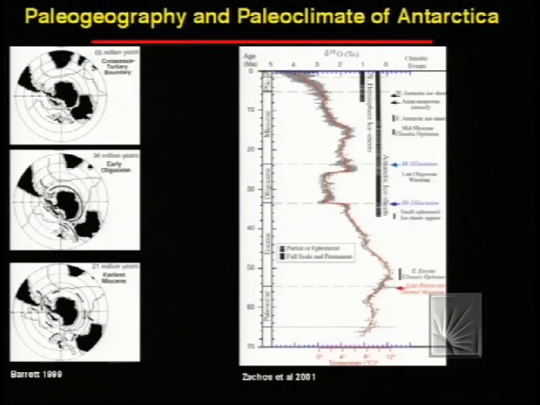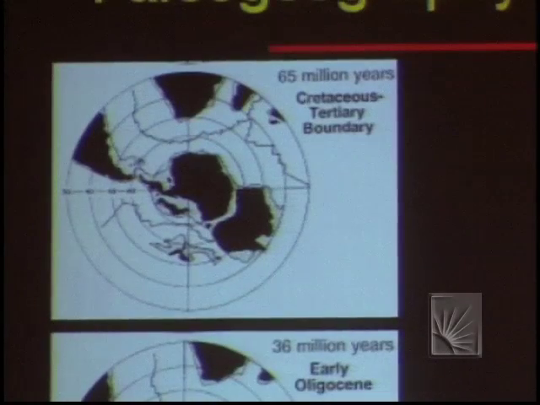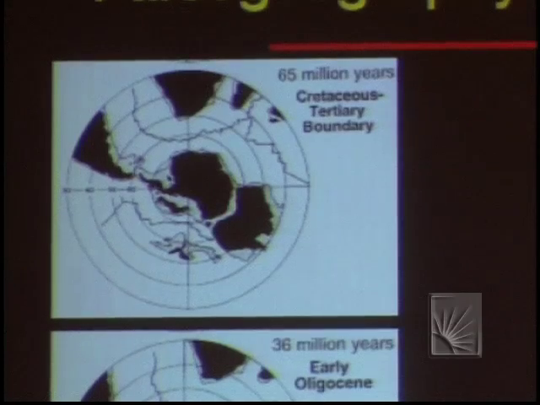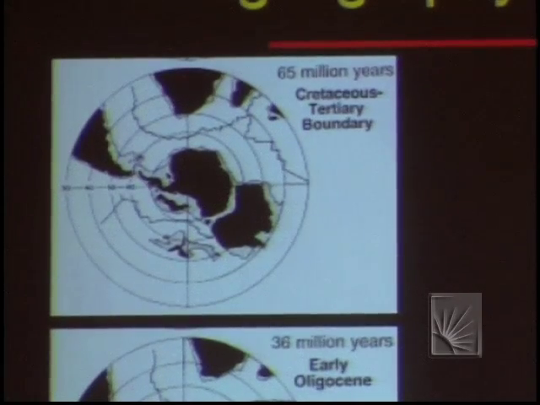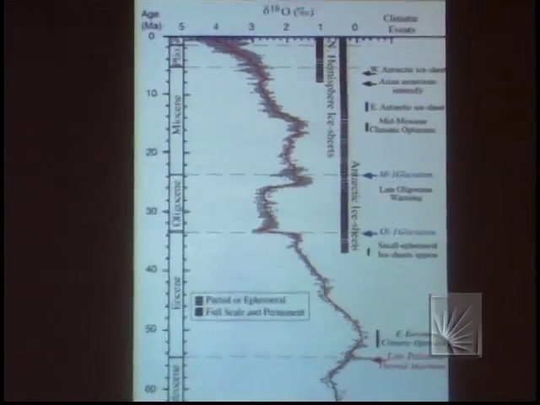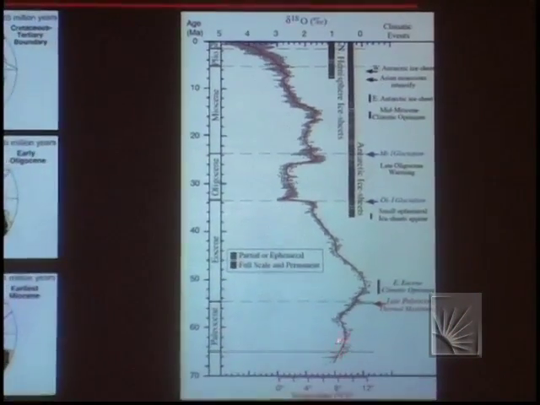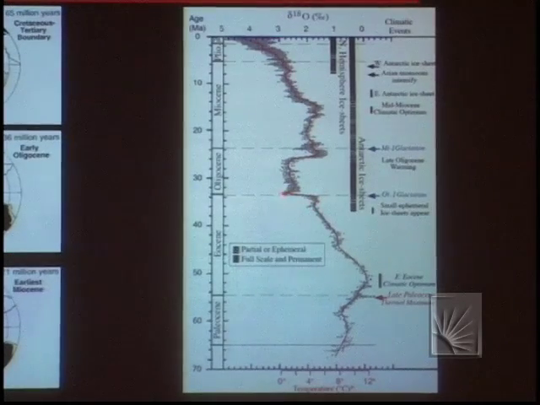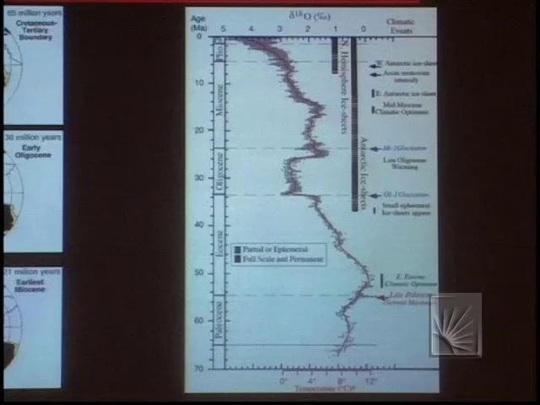And if we look at the timing of this paleogeography, what we essentially see is that by 65 million years ago, Antarctica is becoming isolated from these other southern continents and moving to a more polar position. And here's the paleotemperature estimate. These are from oxygen isotope ratios in diatoms, I believe. What we see is a sharp change in temperature, where temperature becomes drastically cold right at this Eocene-Oligocene boundary approximately 35 million years ago.